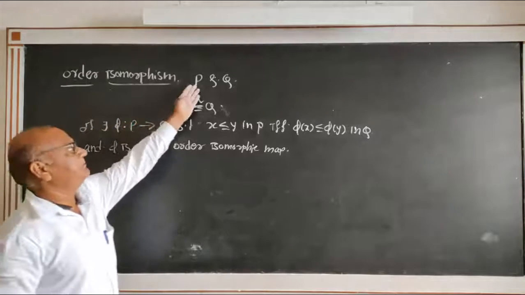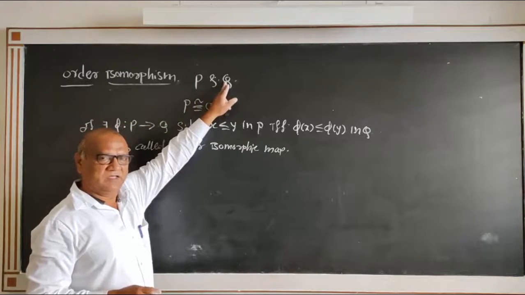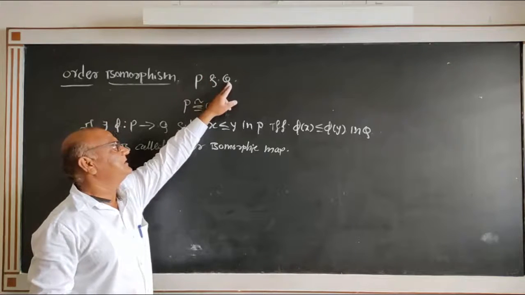These two, P and Q, are ordered sets, that means partial order sets.